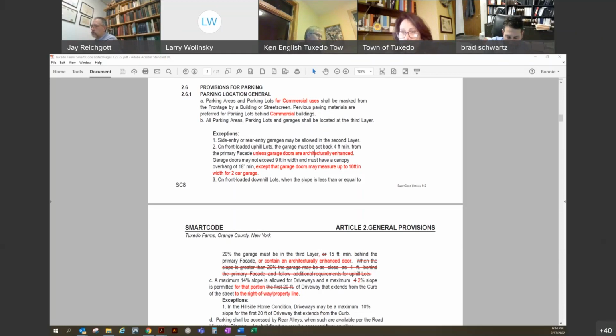But if that's not what is going to happen, then we need to see what is being proposed. I think it's certainly possible to maintain a sensitivity to the Hudson Valley style, but we're not creating Tuxedo Park South here. We are creating a different entity.